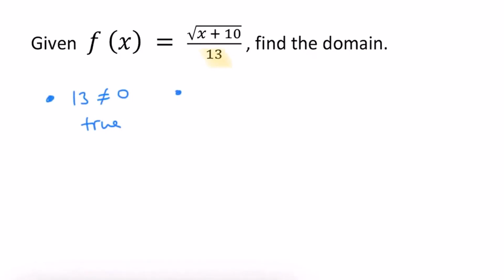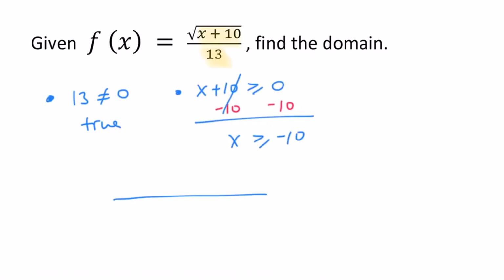We also have the square root, so inside the square root, x plus 10 needs to be greater than or equal to 0. So solve, minus the 10 over, and we have x is greater than or equal to negative 10.